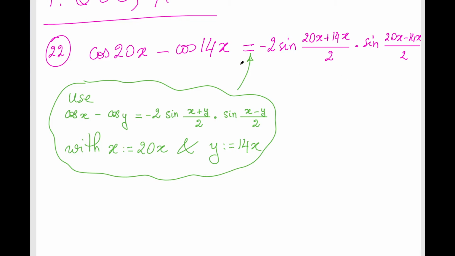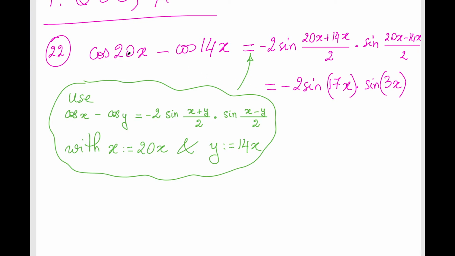Okay, so this is a product now, which is good. And then this is equal to what? Negative 2 times sine of 20x plus 14x, this is 34x. 34 over 2 is 17x, so 17x is the argument inside the sine function, times sine of 20x minus 14x, that's 6x. 6 over 2 is 3, so 3x, like this, right?